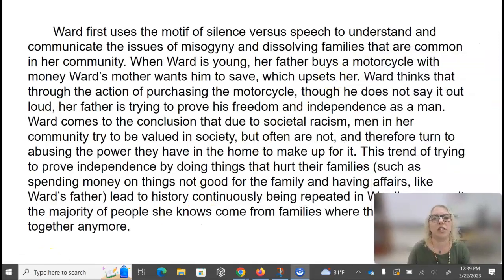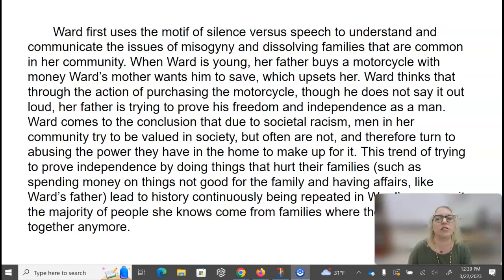Here's the paragraph. "Ward first uses the motif of silence versus speech to understand and communicate the issues of misogyny and dissolving families that are common in her community." It's important first to note that she's got the literary aspect here, right? And then she's got the language from the prompt, to understand and communicate.